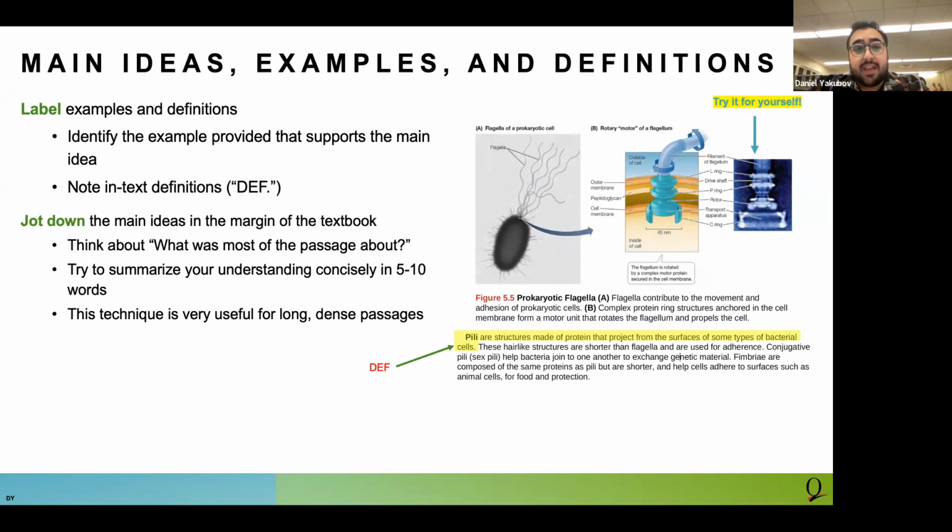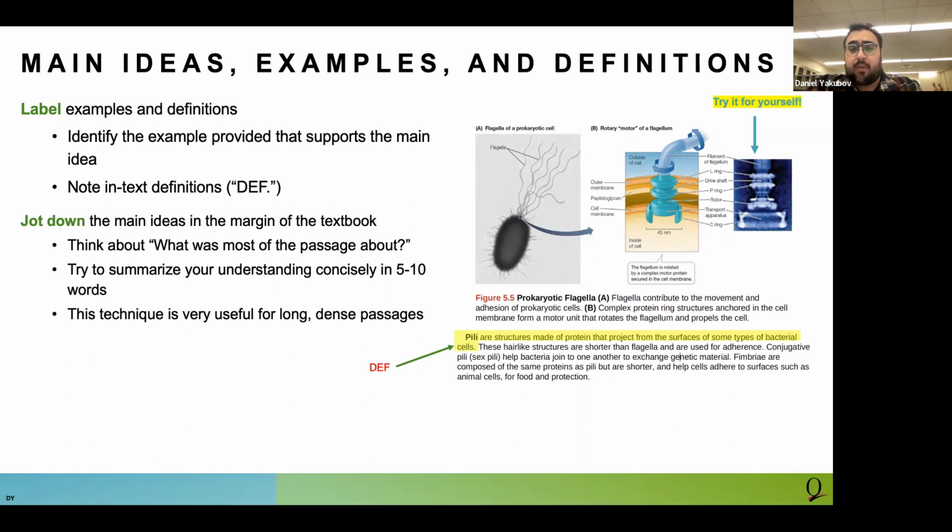And then finally, the last tip I can give you here for reading and extracting information is to jot down any kind of main ideas from that section of the book. All right. So I had already read to you this section.